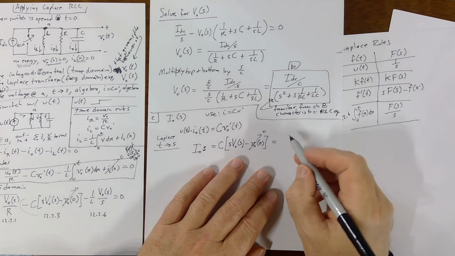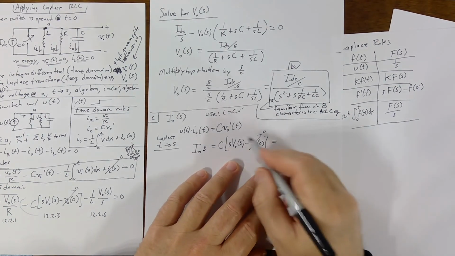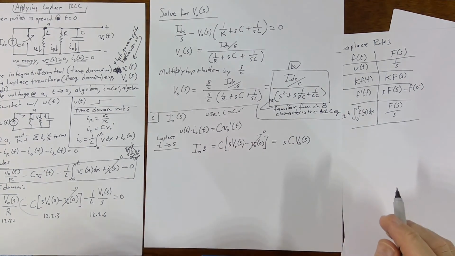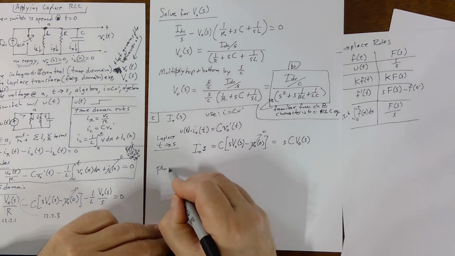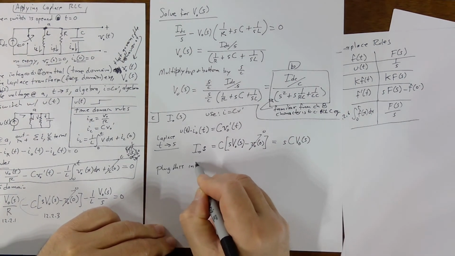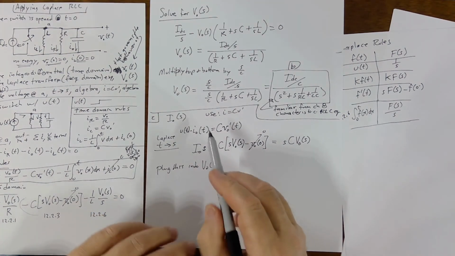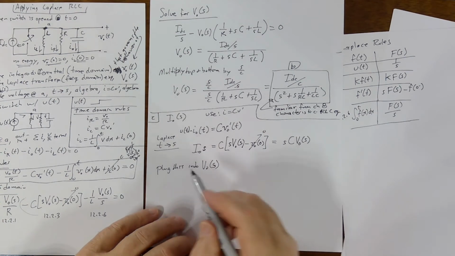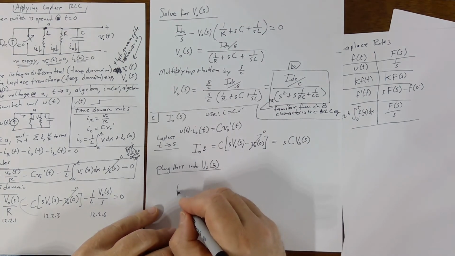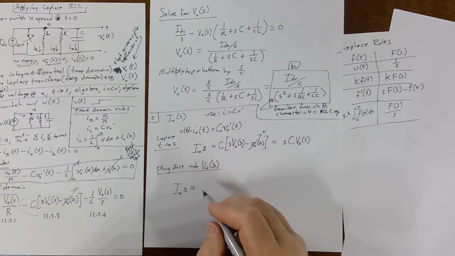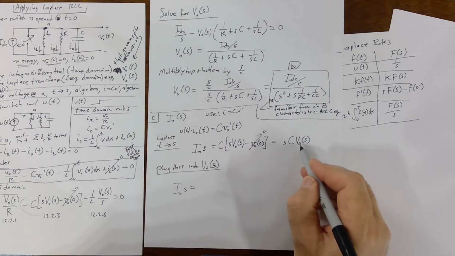So simplifying this, it's just SC V0 of S. And we can plug this into our equation for V0 of S that we've already solved for over here. So I0 of S is just plugging in V0 here.